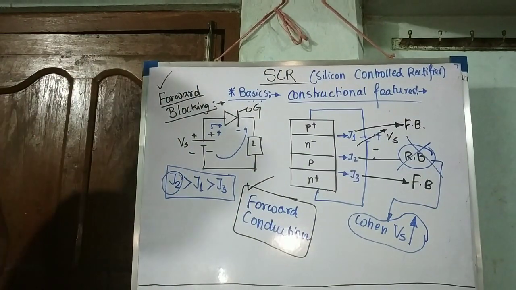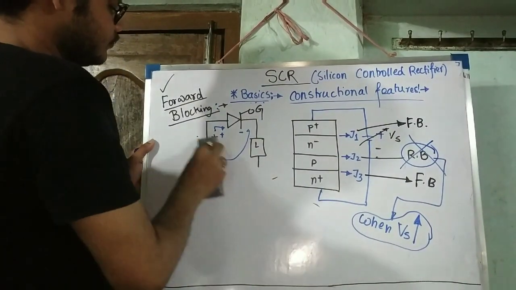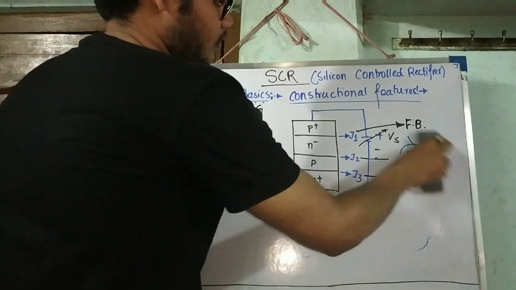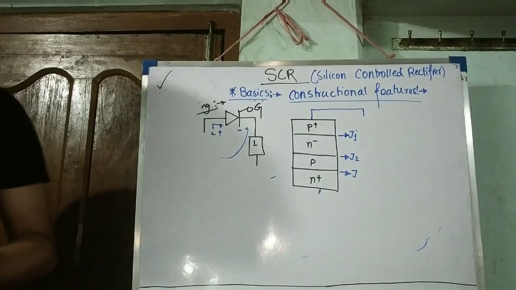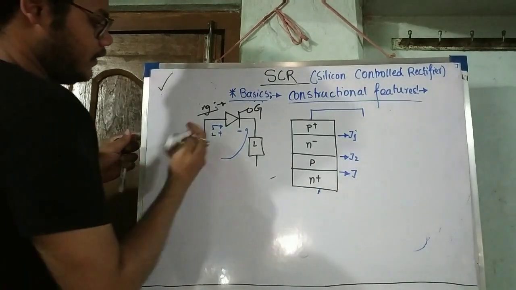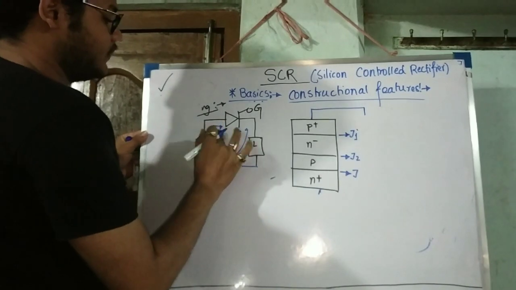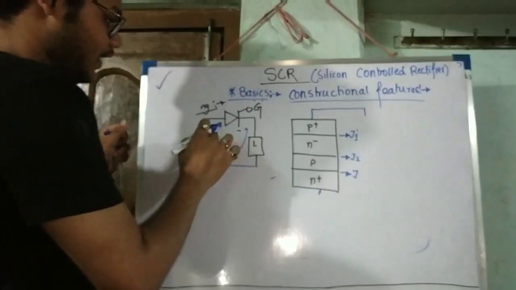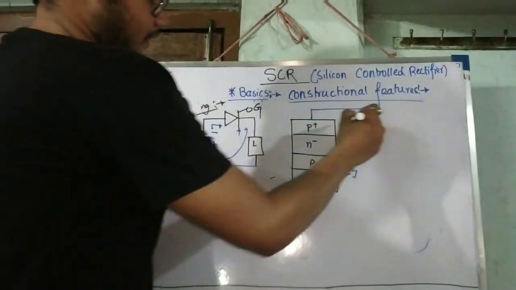Okay, now let us see a third mode which will be known as reverse blocking. In reverse blocking, see, some negative voltage is applied across the thyristor or SCR. The negative is connected here, the positive is connected here, so that is reverse bias.